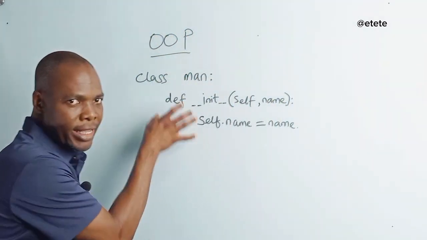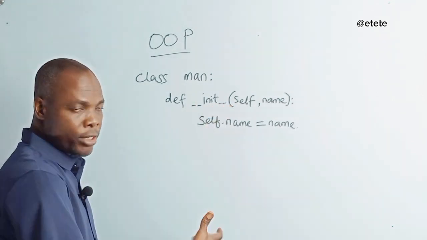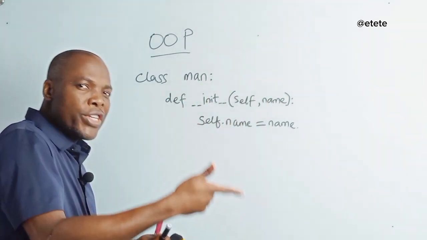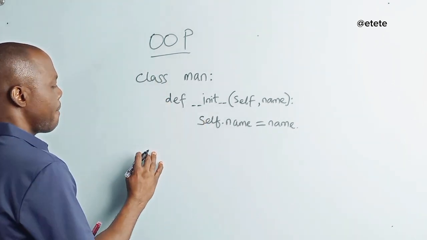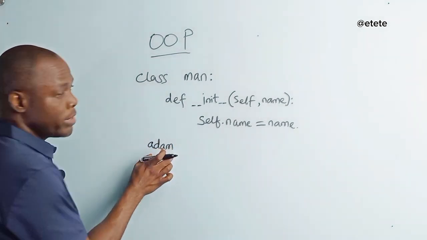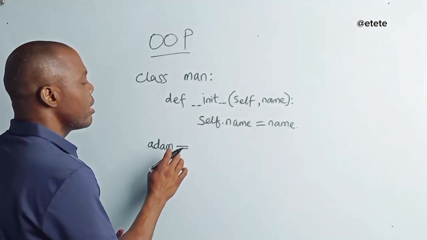So now I have declared the class. I've created the first method, which is like the foundation used to initialize the object. So this is done. Now I want to create the object from this class. So here I can say Adam. Let's just give it the object that I want to create. This is the object. Now assign. So what do?